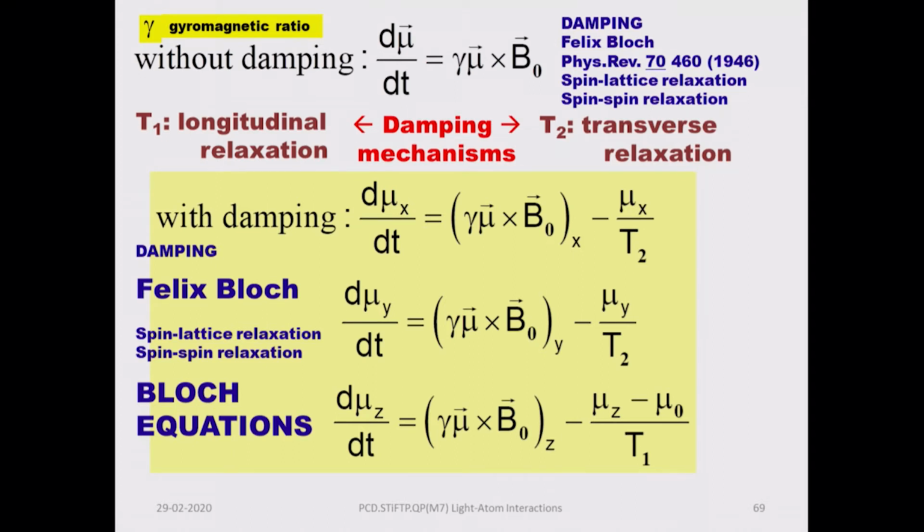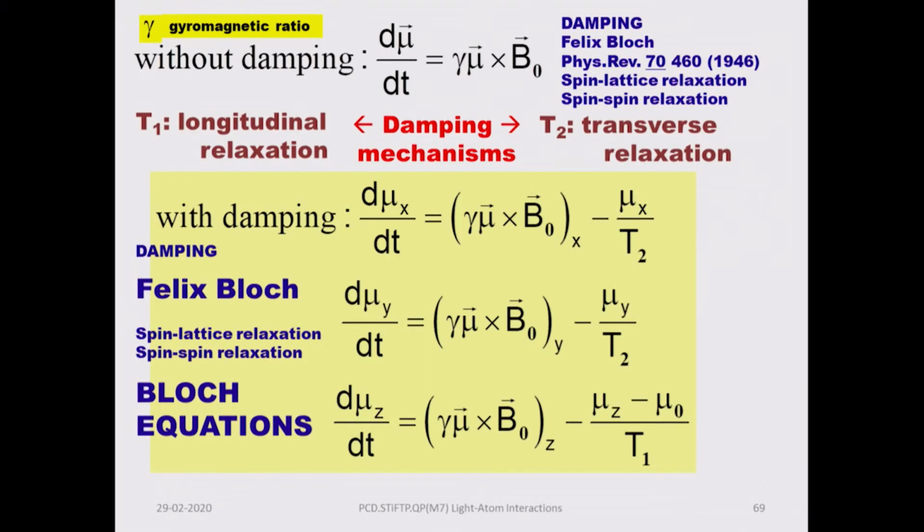So, the relationship without damping, which is d mu by dt equal to gamma times mu cross B naught, all the x, y and z components are not given by components of this equation, but they are diminished by a relaxation mechanism. And that relaxation mechanism Bloch considered to be proportional to the component of the magnetic moment and scaled by a certain characteristic relaxation time, which was T2 for the transverse components, for the x and y.